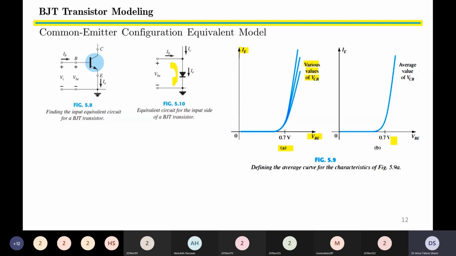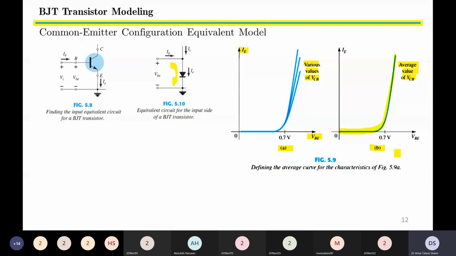Then in part B, if we take the average of voltage collector base, we get one graph, and this single graph represents the average value of VCB. Figure 5.9 part A represents the input model of the BJT transistor.